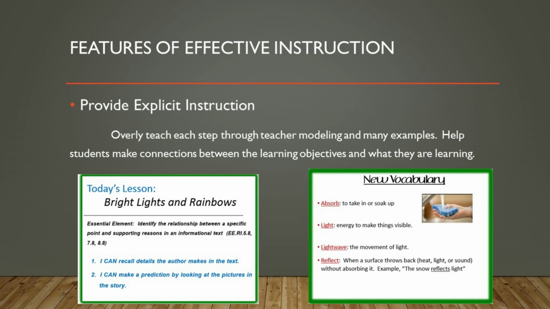Okay, so something else that I do with vocabulary: whenever we start a new story or a new chapter, I will list new vocabulary terms that they may not be familiar with. Now, as we're reading and we come to one of those vocabulary words, we circle it and we underline it and we talk about it.